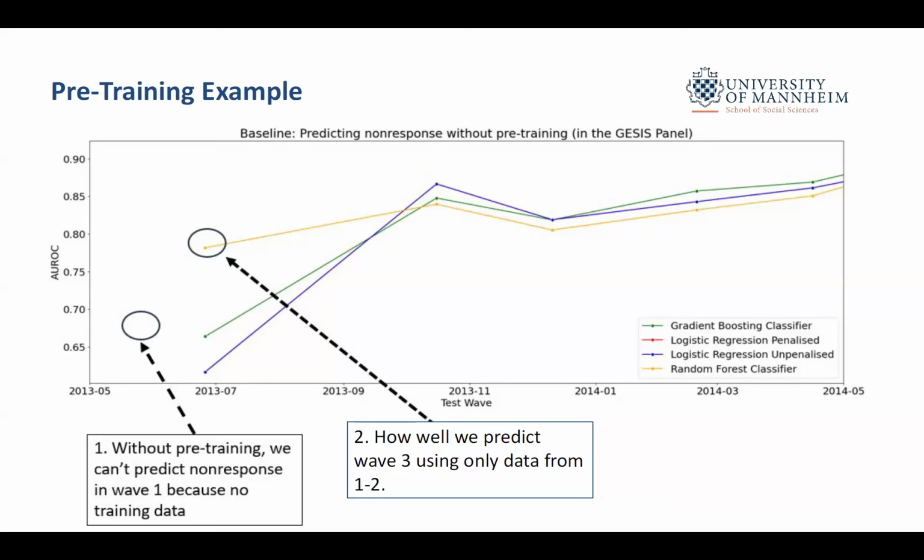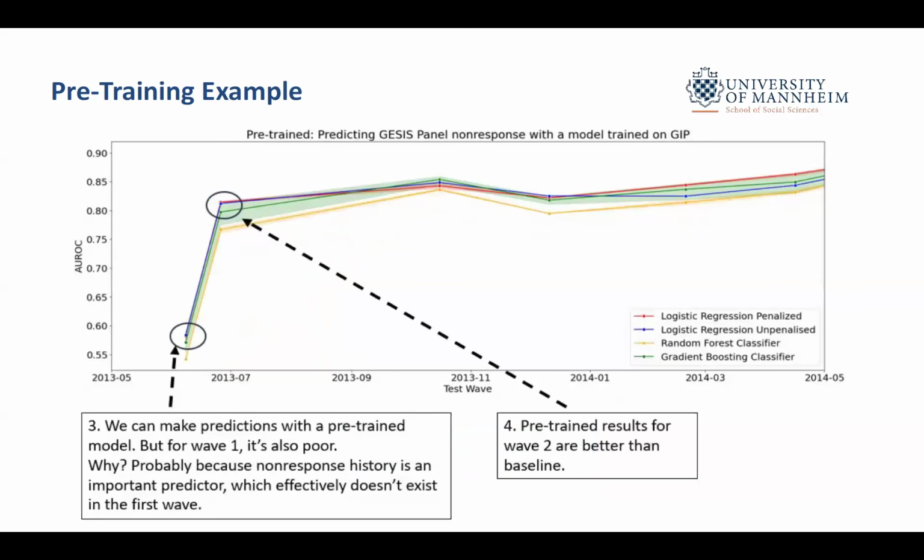The performance generally isn't as good as the performance will get once the model has accumulated several waves of data. But let's just say that we had a model ready to go before day 1 of the GESIS panel. This is a simulated example as if we had trained a model on the German Internet Panel, which started a year earlier than the GESIS panel, and it accumulated 4 waves worth of data by the time the GESIS panel started.